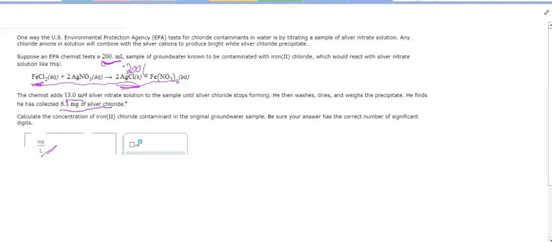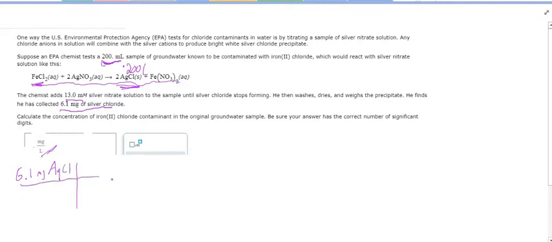So I'm given silver chloride, and I'm trying to find iron 2 chloride. Let's write down what we know. Let's start with 6.1 milligrams of silver chloride.